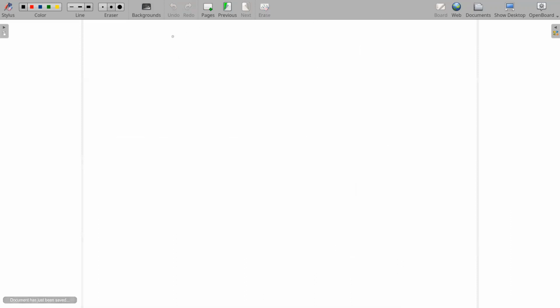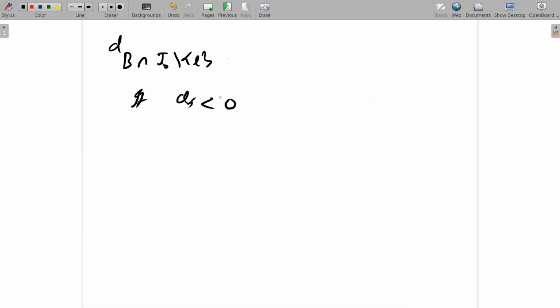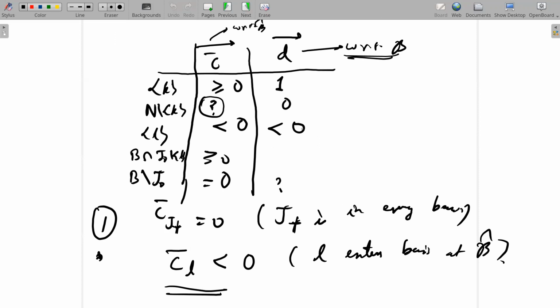Now we want to talk about d of B intersection J naught minus L. Assume that dj is less than or equal to 0. What I really want to show is that this entry will also be bigger than or equal to 0. Till now I have not shown it, but to build a contradiction, I want to take this inner product and show that it is strictly positive.